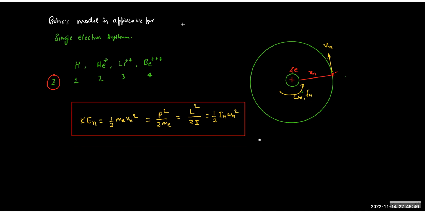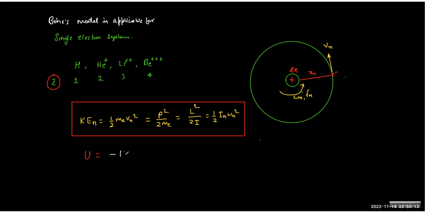Okay. Now let me show you how to write the potential energy, which is pretty easy. From electrostatics, we know the potential energy will be how much? How to write the potential energy of two charged particles? K ZE square by Rn. No, it's wrong. It would be minus. Minus, correct.